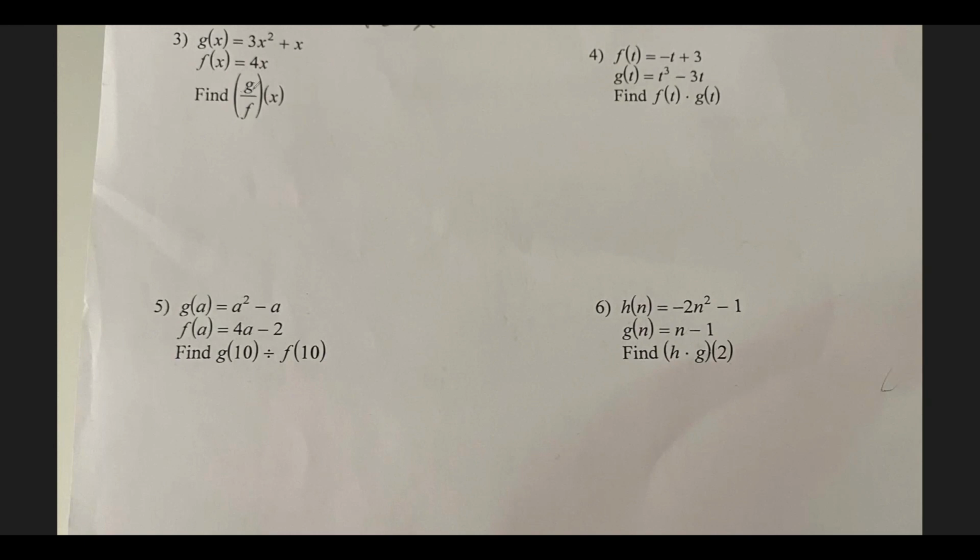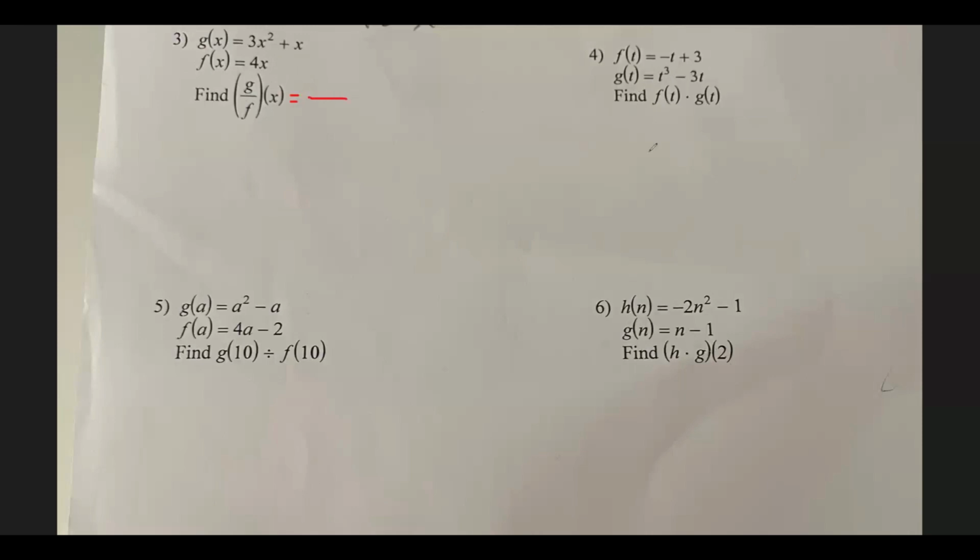Okay, so find the g over f of x. If our g of x is 3x squared plus x, and our f of x is equal to 4x. So what will you do here? We can separate them using the numerator and denominator.